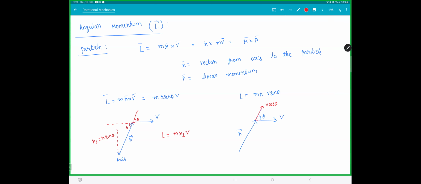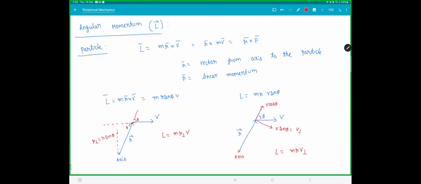So you can write angular momentum also as m r v perpendicular. Both are right. Both will give the same magnitude. Either you keep v as it is and drop r perpendicular, or keep r as it is and get v perpendicular. This is how you will get the magnitude for a particle. It's exactly similar to what we did for torque, r perpendicular into F or r into F perpendicular. So this gives you the magnitude.